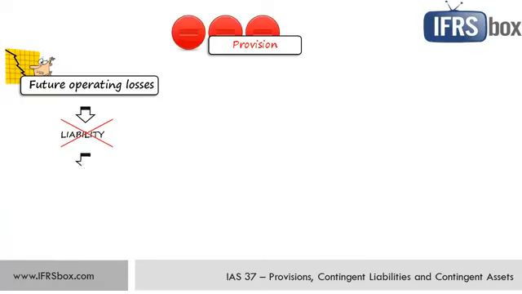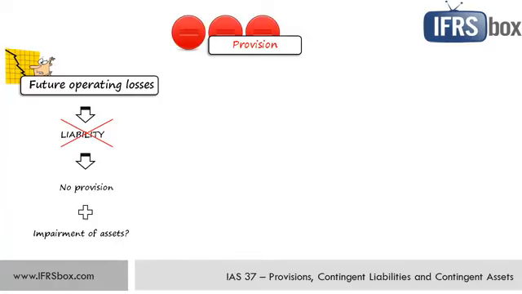Therefore, you should not create a provision for future operating losses, but when you expect future operating loss, that might mean that your assets are impaired. So you should test your assets for impairment and recognize impairment loss under IAS 36. And you can find a summary of IAS 36 in this channel too.